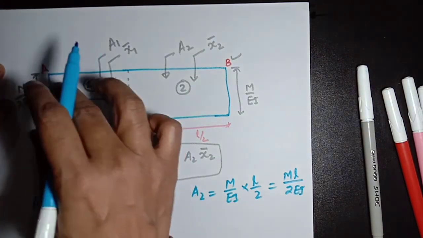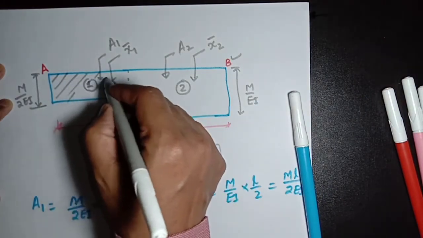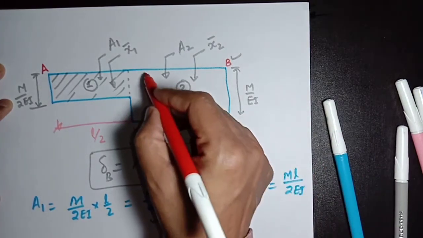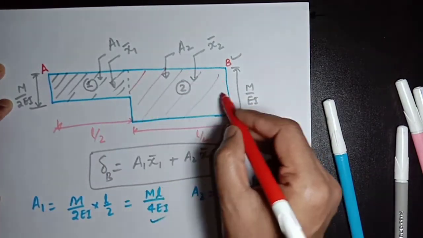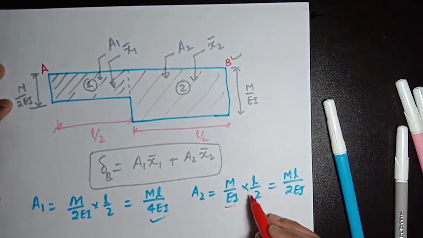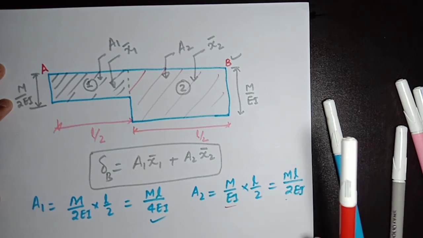This is the area of rectangle 1. For rectangle 2, the area is calculated as m over EI multiplying with the length L by 2, so ml divided by twice EI.